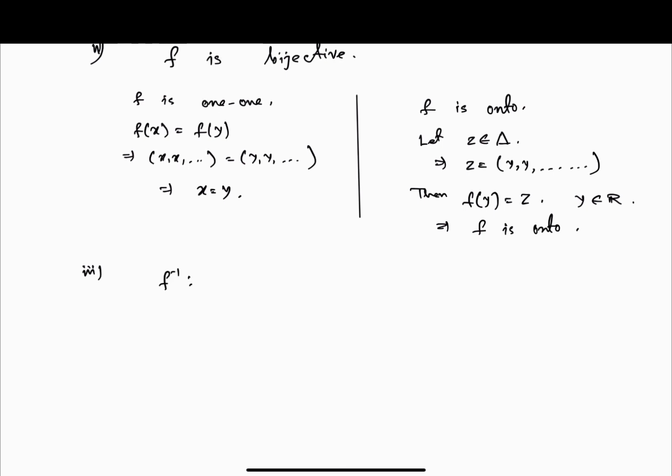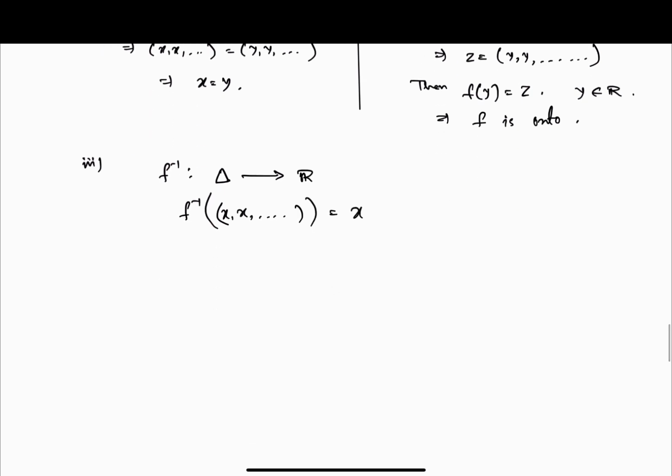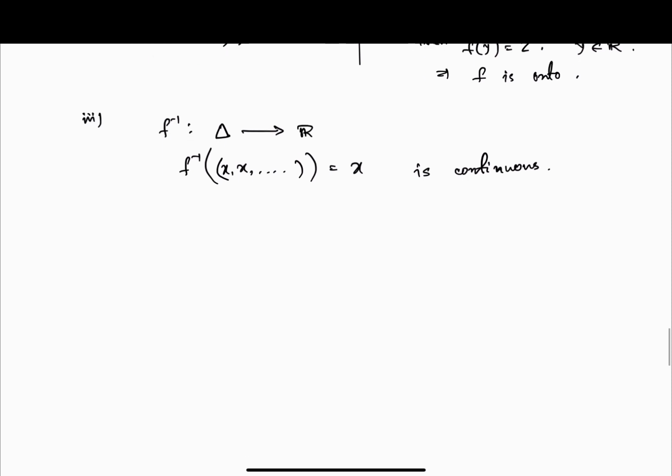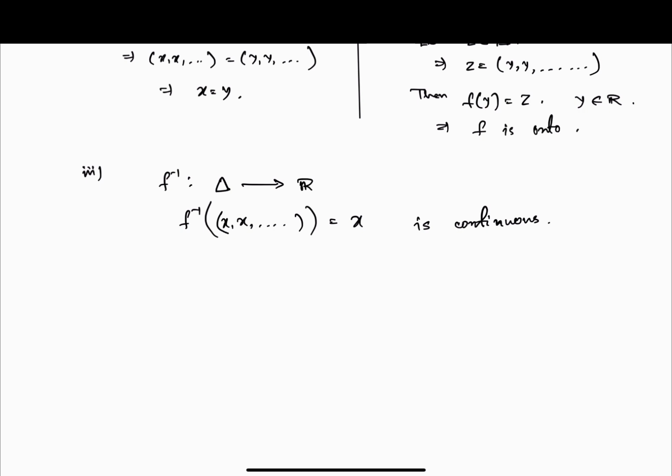Now the inverse. The inverse is well defined. Then f inverse is a map from delta to R. It will basically take (x, x, ...) to x. So how do we show f inverse is also continuous? For that, let's define the projection map.